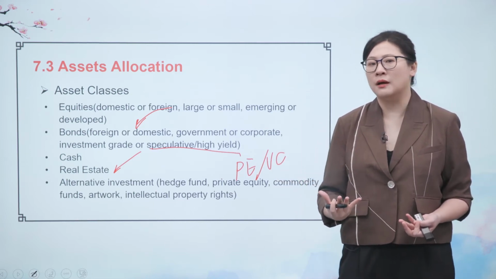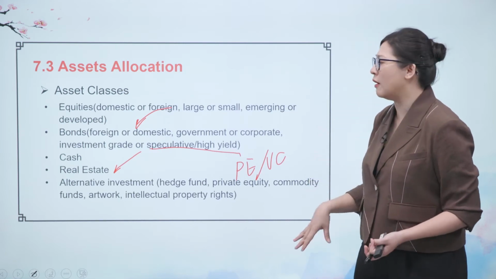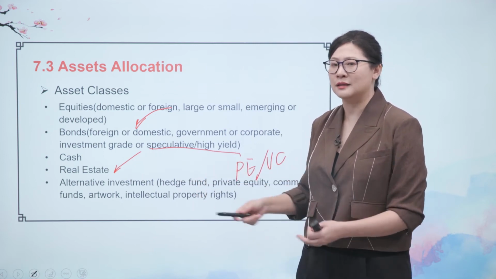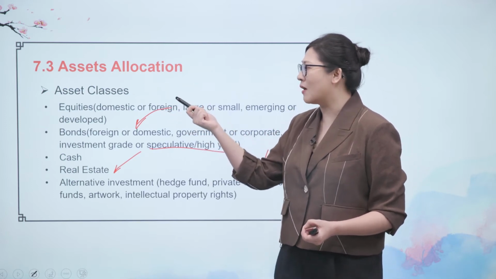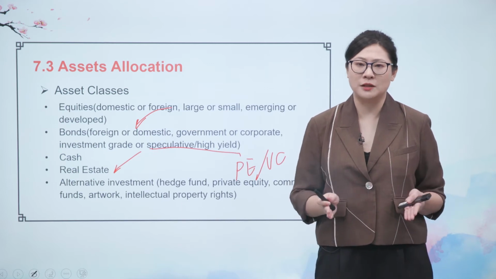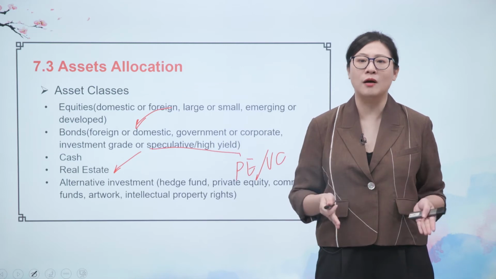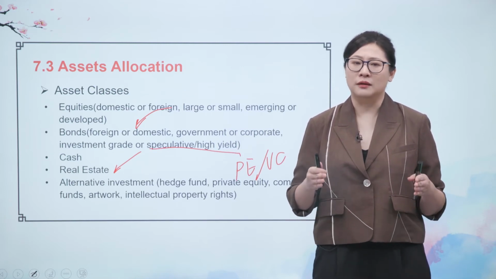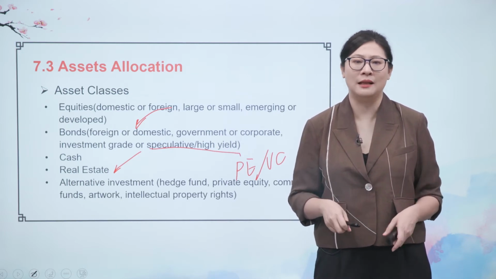The popularity of alternative investment is because alternative investment assets are less correlated with stocks or bonds. So if you include alternative investment assets in your portfolio, it will have a well-diversified effect. That's why the alternative category has become more popular recently.